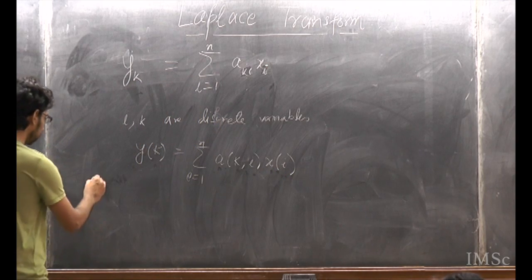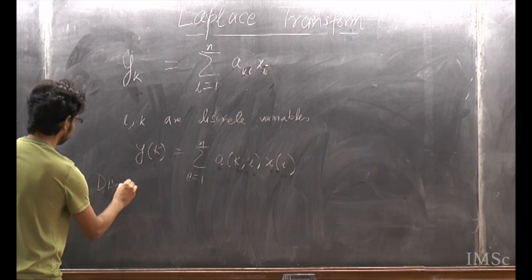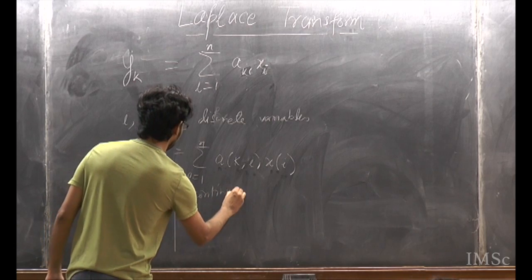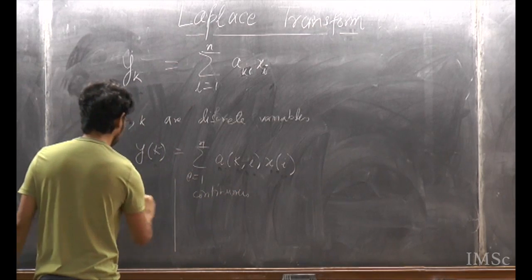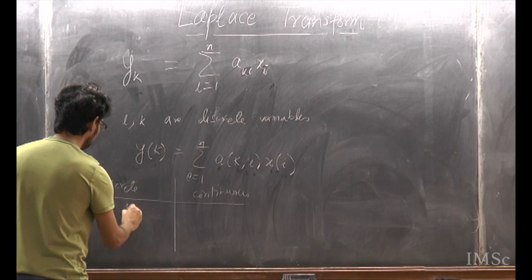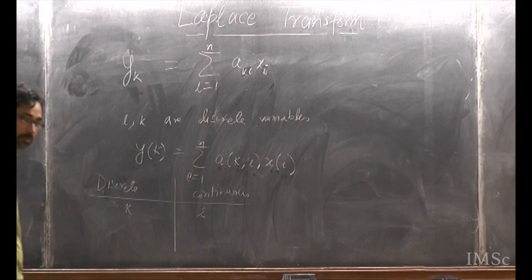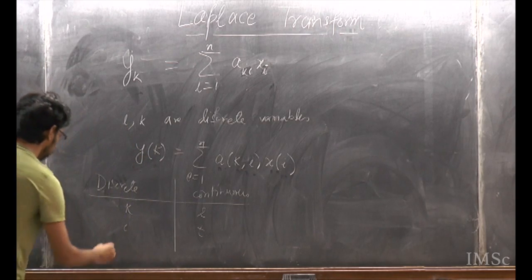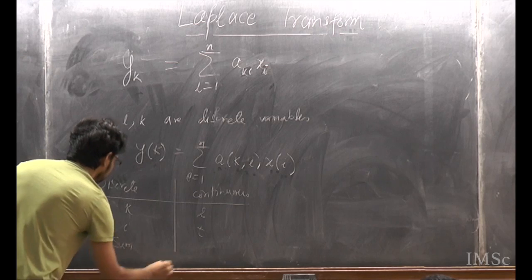So if you change from discrete to continuous, okay, so change your k to s, your i to t, and your summation to integral.